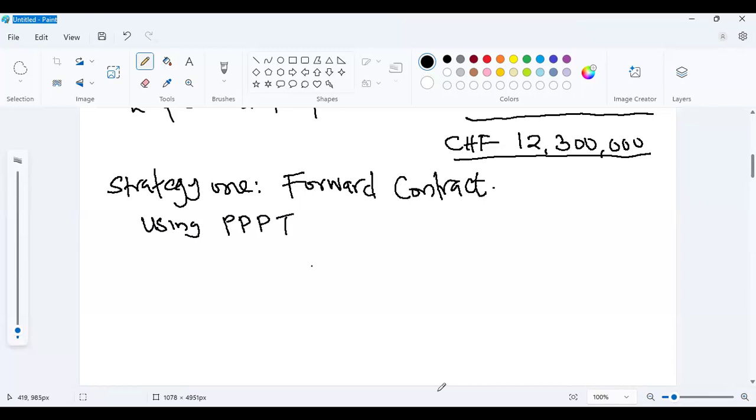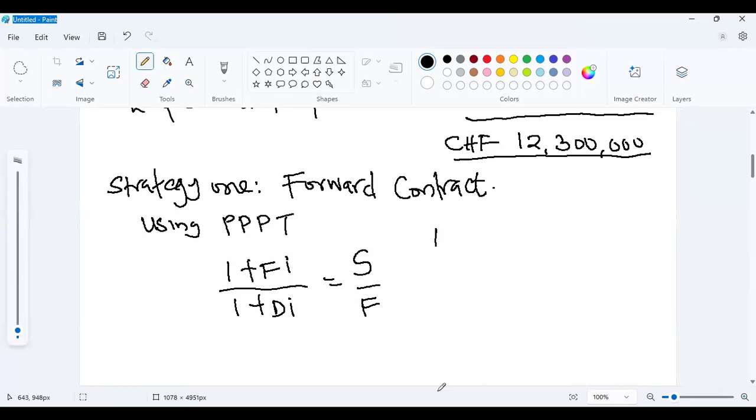Remember, we are giving direct quotes. The formula for a direct quote is (1 plus Fi) over (1 plus Di) is equal to F over S.